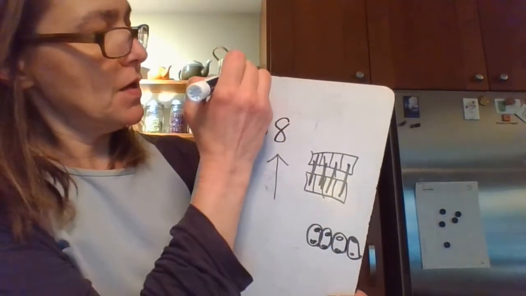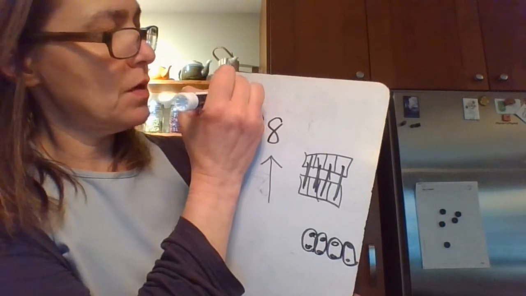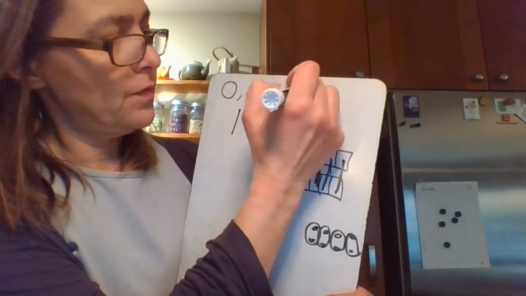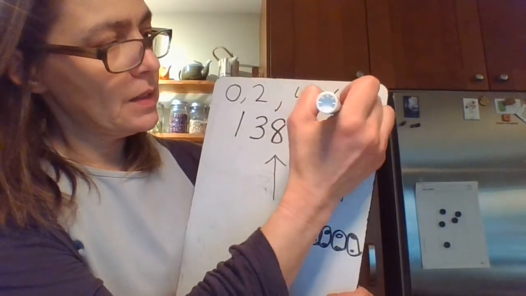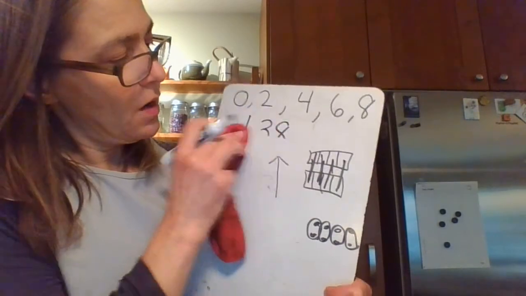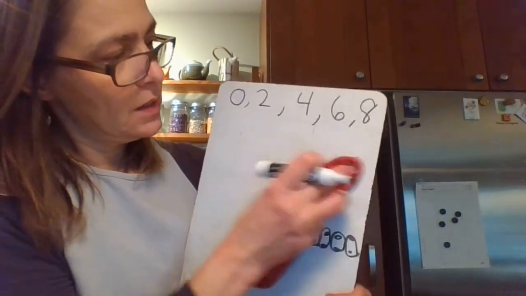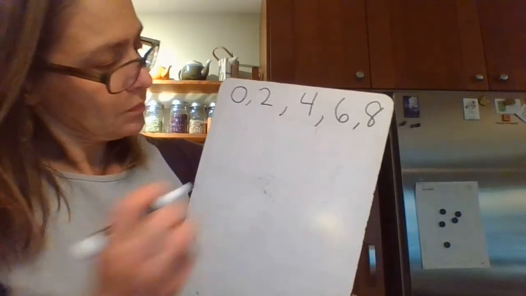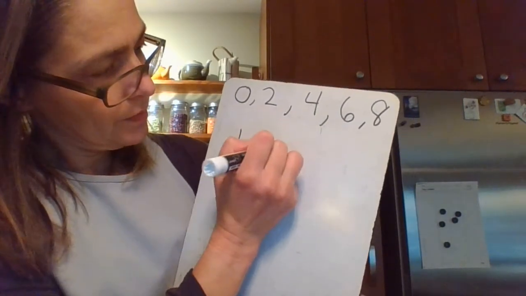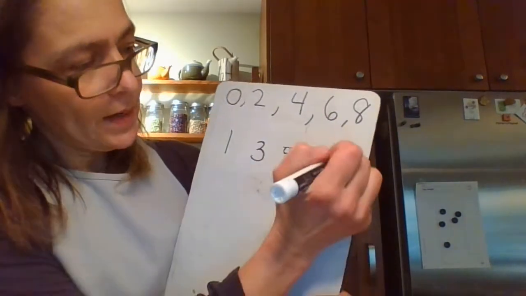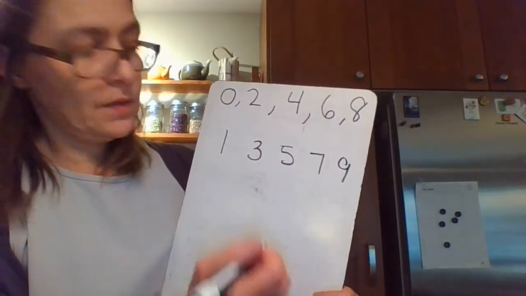All right, count the even numbers with me. 0, 2, 4, 6, 8. And you can stop there because all the others will repeat. Okay, and then the ones in between, 1, 3, 5, 7, and 9 will always be odd.